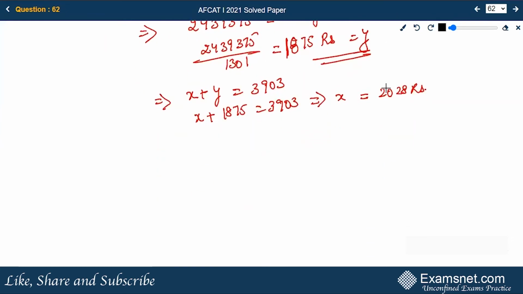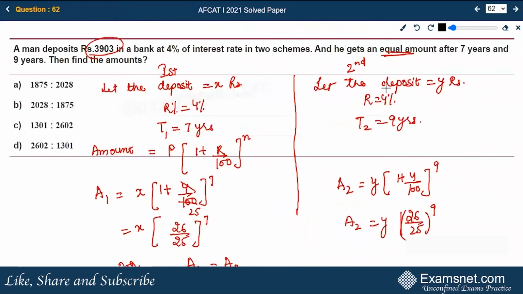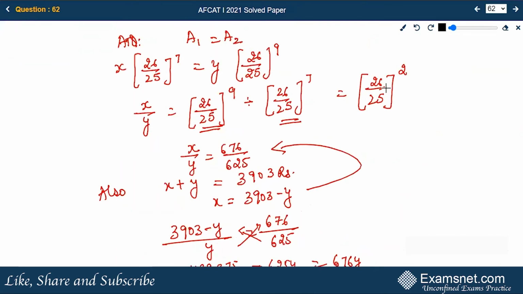So the value of x came out to be 2028 rupees and y is 1875 rupees. You have to find out the amounts that were invested. For x it was 2028 and y was this. So option B is your correct answer.